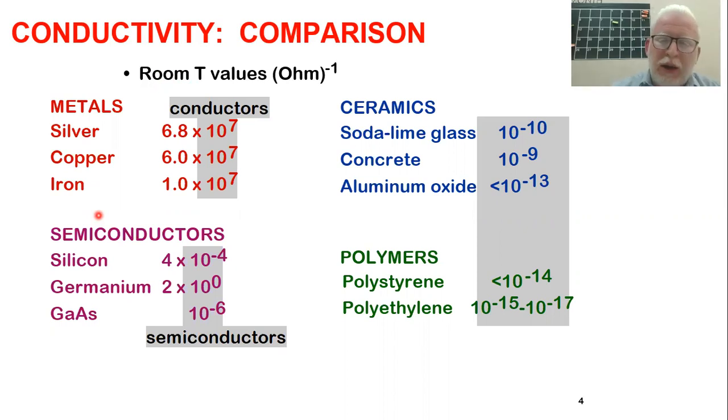But the question that comes is, why are conductors conductors? I mean, what is the property inside the copper that makes copper a good conductor? And on the other hand, what is the property inside the glass that makes glass a non-conductor? This is our next approach.